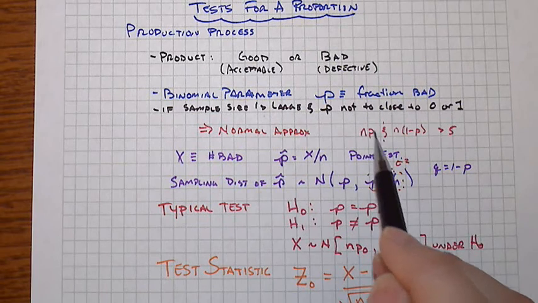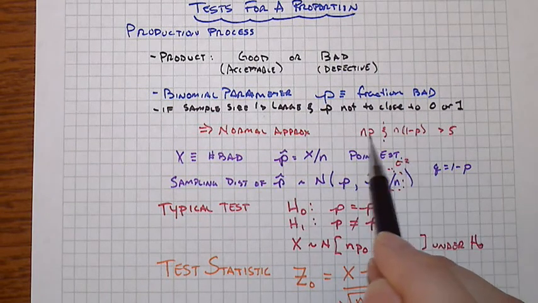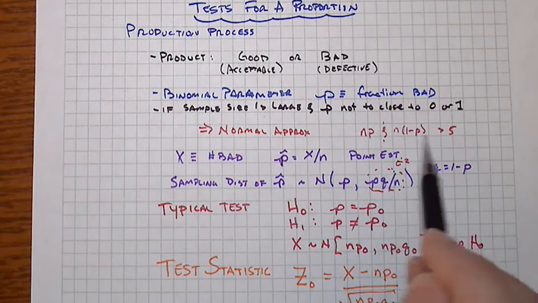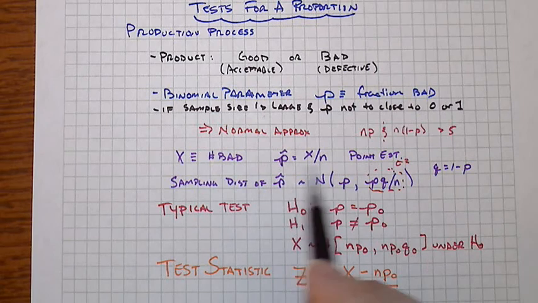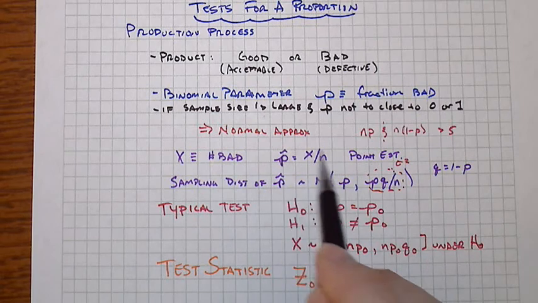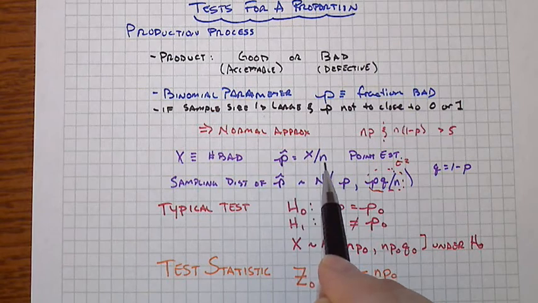and here is our key for the limits for that approximation, n times p or n times q being greater than 5. Our estimator for that fraction was simply the number in that class divided by the number in the sample.